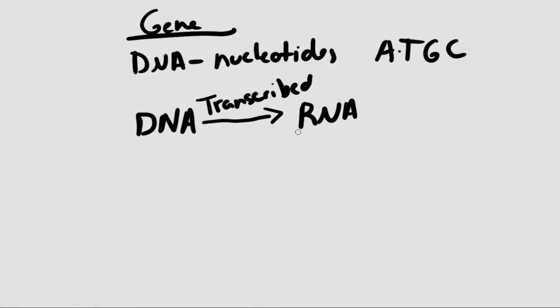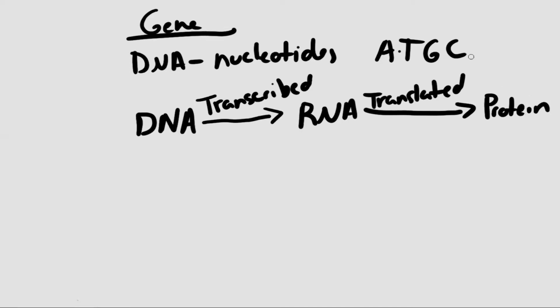RNA is what's going to leave the nucleus, and then an RNA is another sequence of nucleotides that is going to be translated into proteins. And the proteins are really what do the work. So this is what's going to give you your trait. So all the traits in your body are either made from proteins or made up of proteins. All right, so this again was called the dogma of genetics.